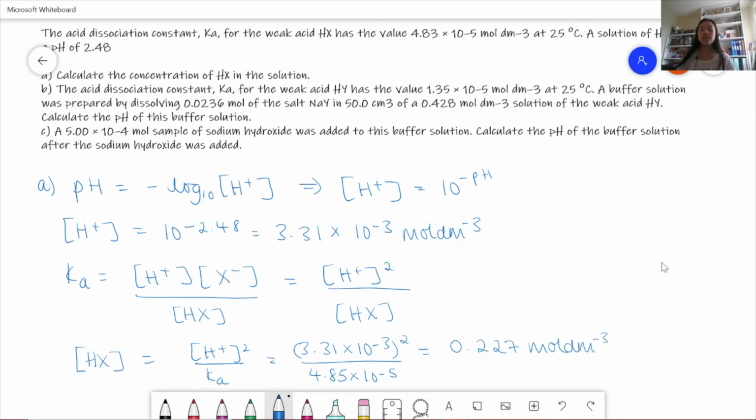This is the concentration of HX at equilibrium. But for a weak acid, we can assume that the concentration of HX at equilibrium is the same as the concentration of HX initially.